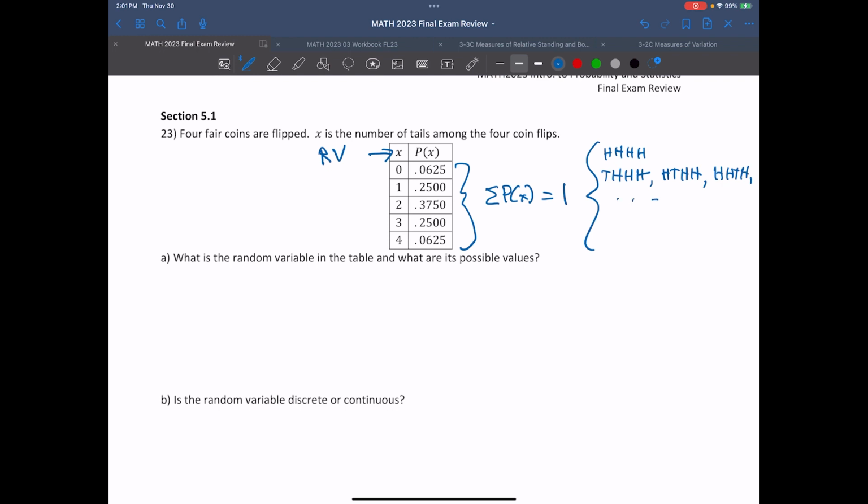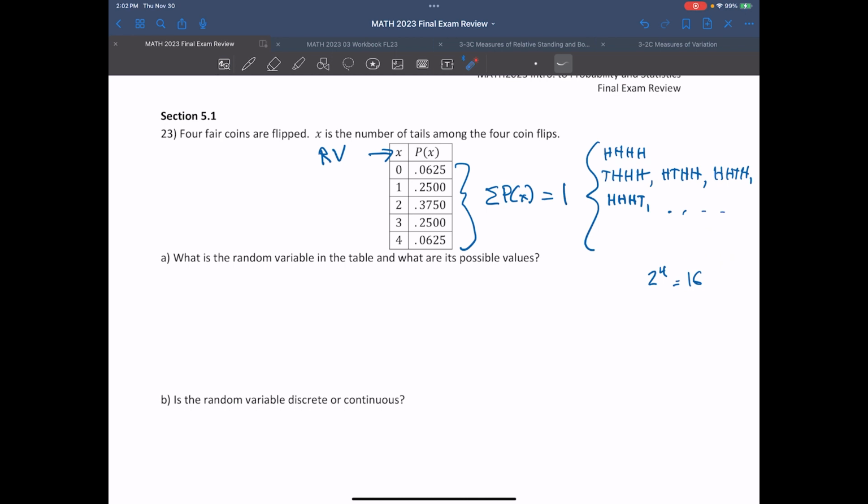Then the last one would be head, head, head, tail. So there's 4. And if we kept going through this, we would be able to count how many different scenarios there are. Technically, that would really be 2 to the 4th or 16. So 4 out of the 16 of them satisfy this random variable where there's 1 tail. So that's where this 0.25 is coming from, that 4 out of the 16. A little bit of a detour there, but hopefully that helps.